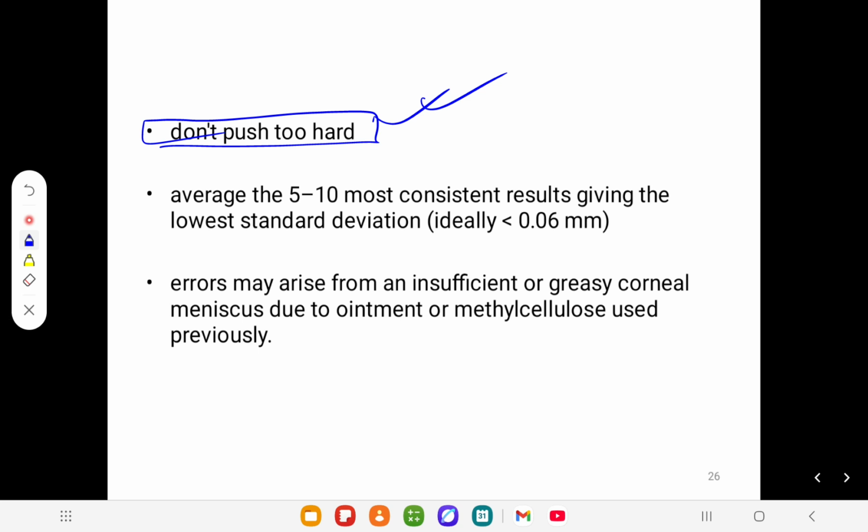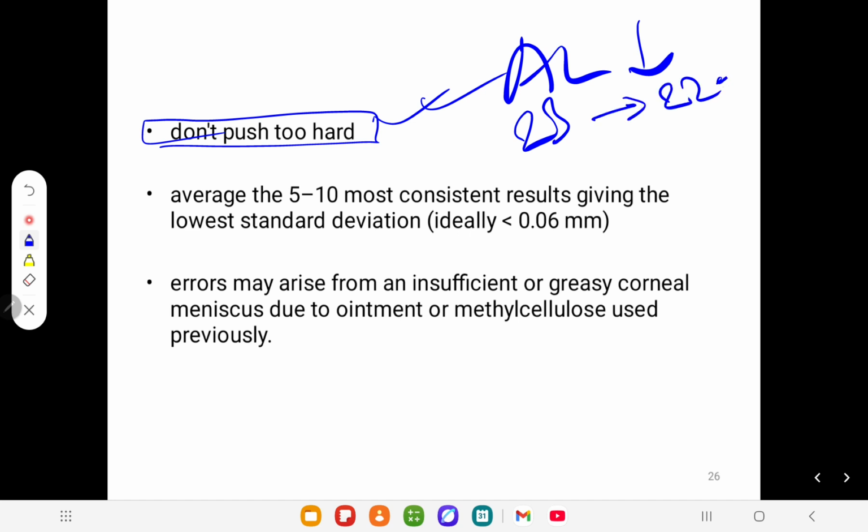Don't push your probe too hard. If you push too hard, what is going to happen? The axial length decreases. Suppose your axial length should be 23, then you push and it becomes 22. And what happens if it becomes 22? If the axial length is shorter, obviously the IOL power goes up.